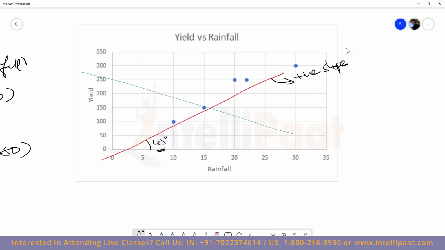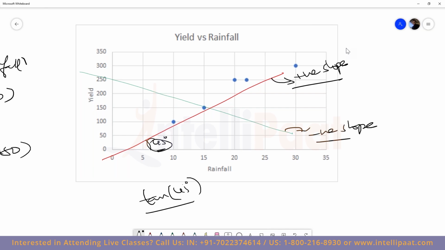And logically speaking, slope is simply nothing but the tan of this particular angle. So if you go back to your trigonometry, the tan of this particular angle is nothing but your slope. So let's not worry too much about it. Essentially, this has a positive slope, and what we're saying is this fellow has a negative slope. Okay, that's number one. Number two, if you look at this particular line, it's almost close to zero, but that's okay.